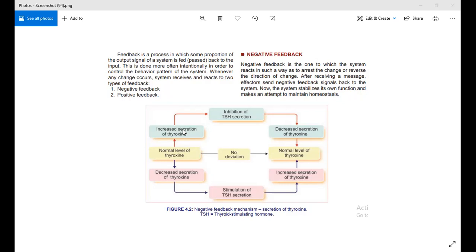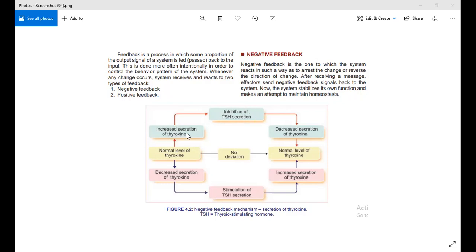You get? But in this picture, what this picture is showing you is different. This picture is showing you how this thyroid stimulating hormone affects thyroxine secretion. So now we have a normal level of thyroxine. And then there was an increased secretion of thyroxine. What will happen? There will be an inhibition of thyroid stimulating hormone. Why?